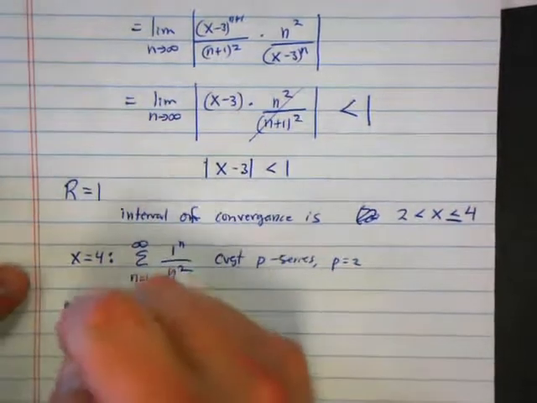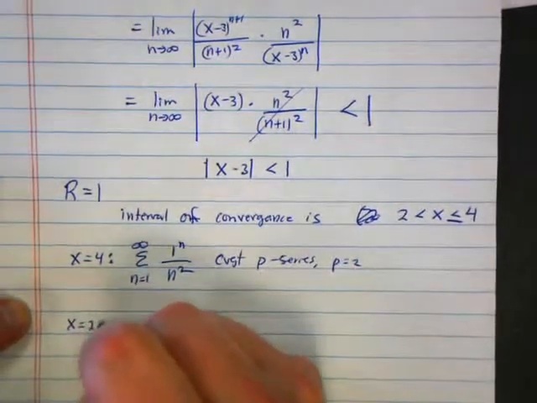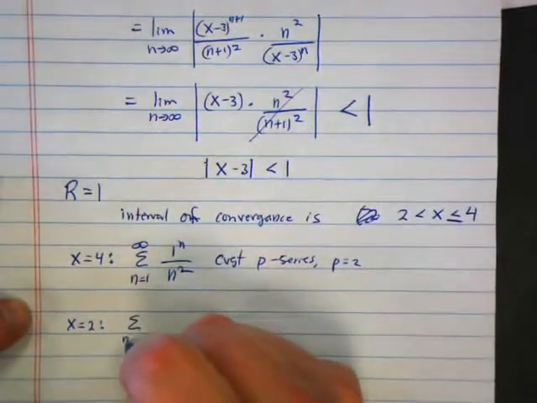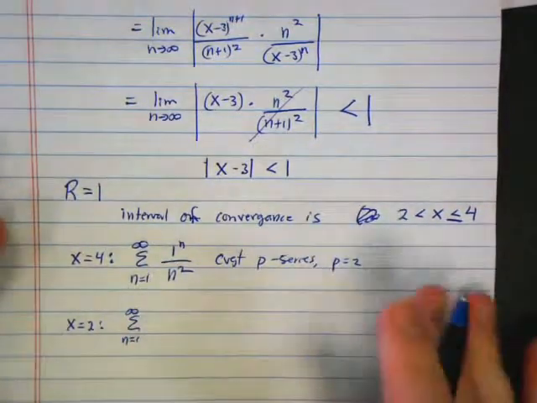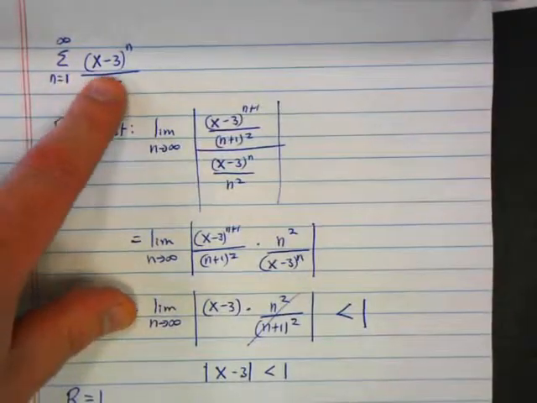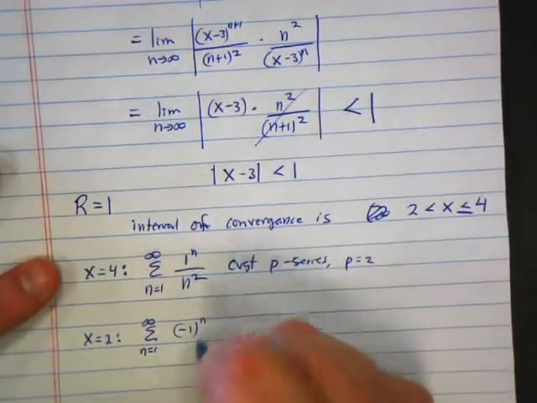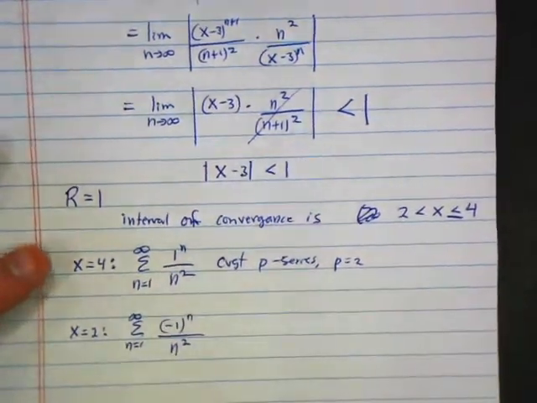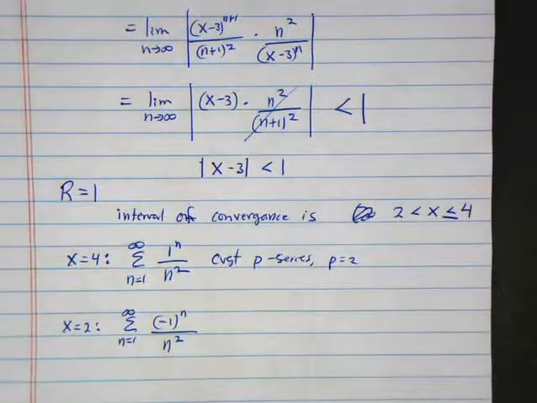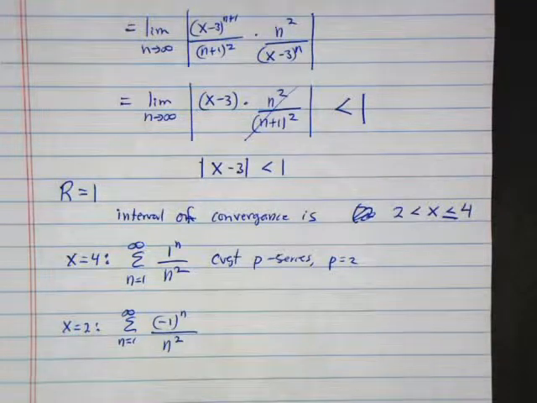What about if x equals 2? If x equals 2, I'm going to have the sum from n equals 1 to infinity. I plug 2 in. 2 minus 3 is negative 1. So I'm going to have negative 1 to the n over n squared. Does that series converge or diverge? Converges. How come?